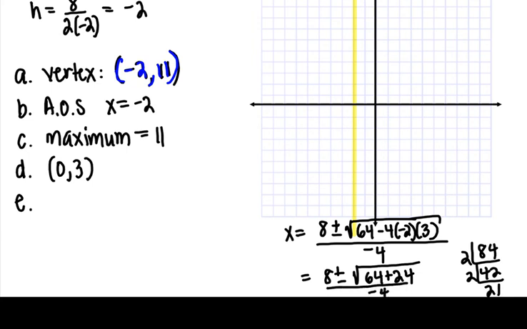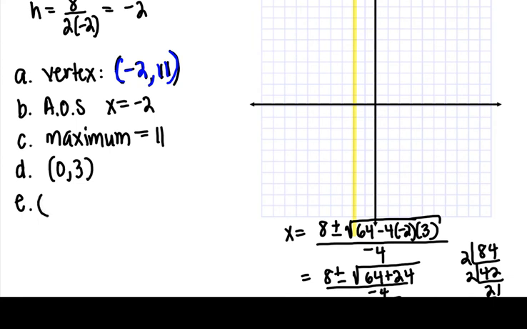So that's going to be 8 plus or minus 2 times the square root of 21 all over negative 4. Let's do it this way: divide by 2, so 4 plus or minus the square root of 21 all over negative 2.